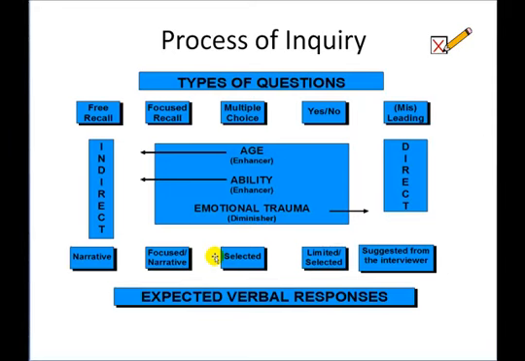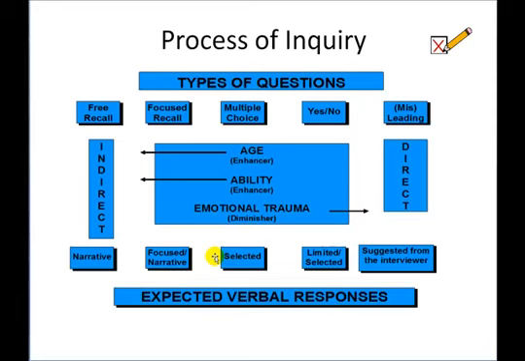Multiple choice questions are very common, yet they can be dangerous at times because unless they are asked correctly, multiple choice questions can be closed-ended and the child does not have an option other than the options the questioner provides.